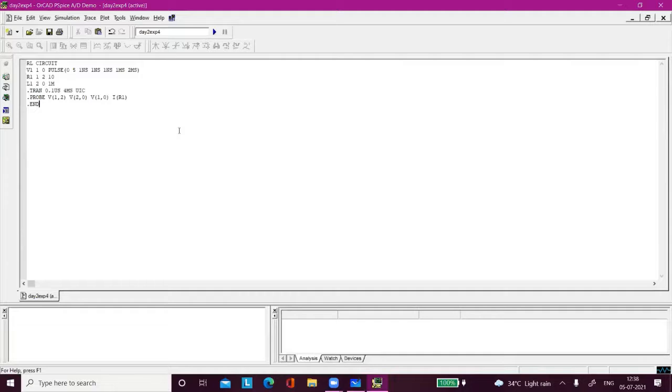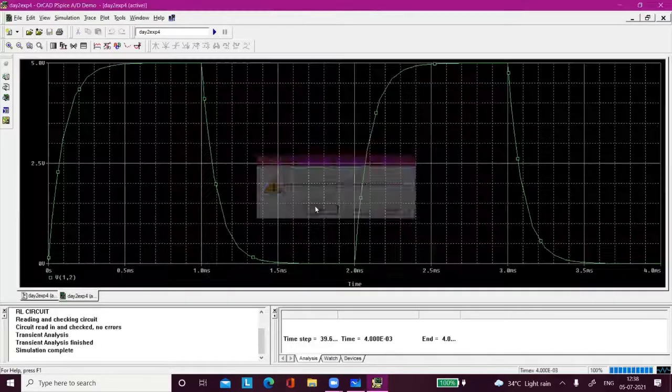I'm considering 2 cycles; that is why it is showing 4 milliseconds. If you want to plot 5 or 4 cycles, you select the final time accordingly. Without calculation, I'm writing 1 microsecond and 0.1 microsecond.